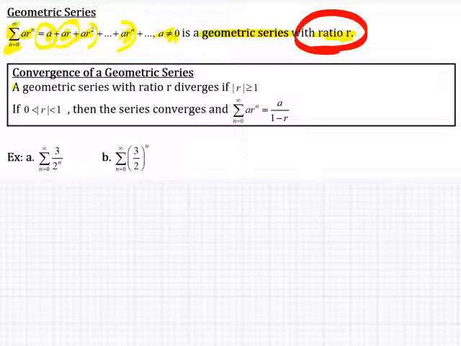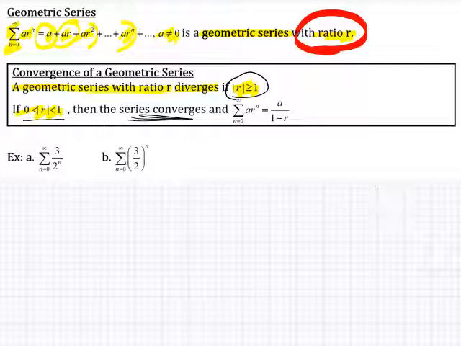A geometric series with ratio r diverges if the absolute value of r is greater than or equal to 1. And if the absolute value of r is less than 1, the series converges.